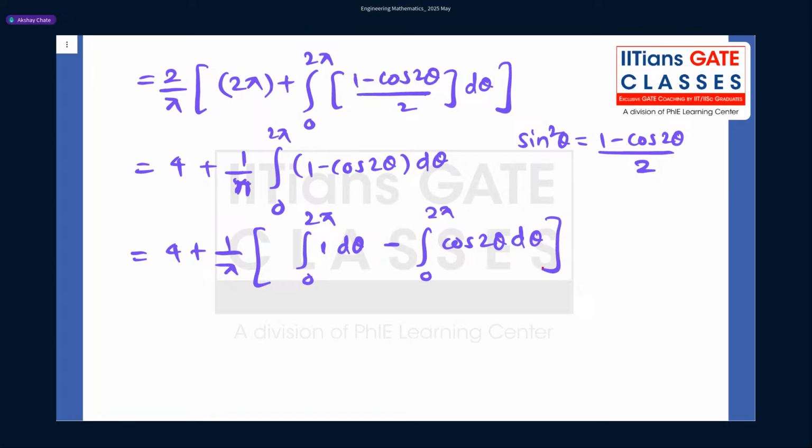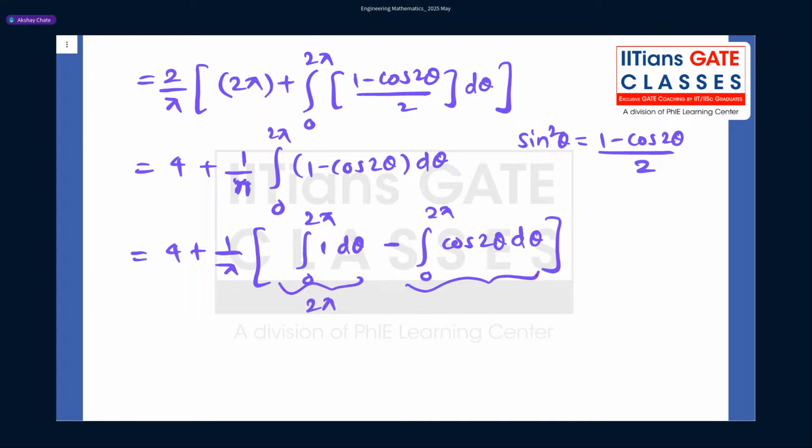So the first integral value is nothing but 2 pi. For the second integral, integration of cos 2 theta will be sine 2 theta by 2, right? And any sine value going between 0 to 2 pi is 0 only.